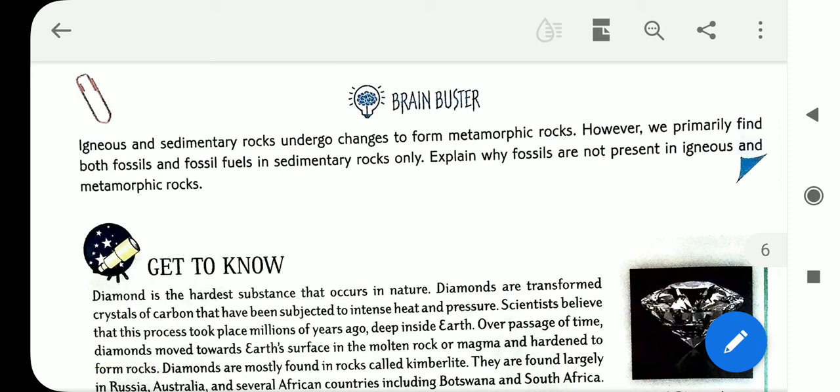These are mixed with the soil in layers. So this is known as sedimentary rock.